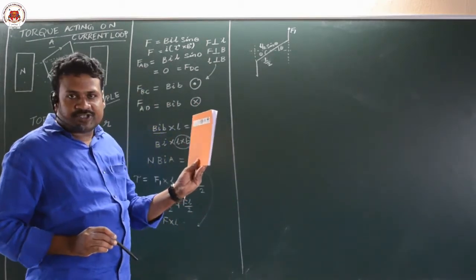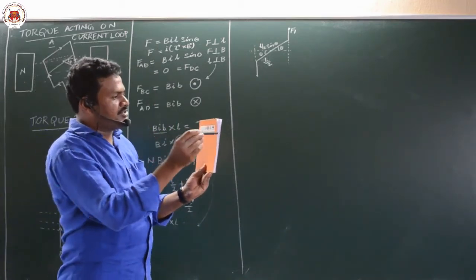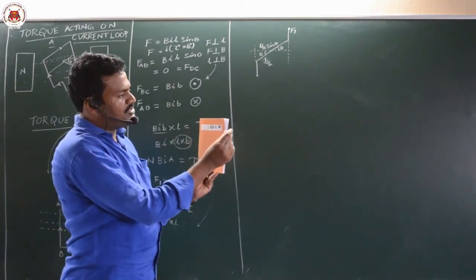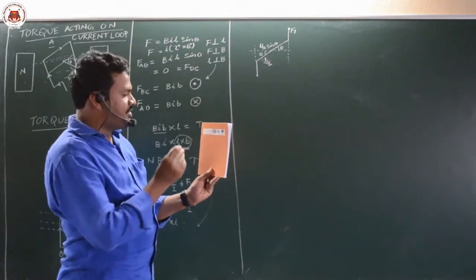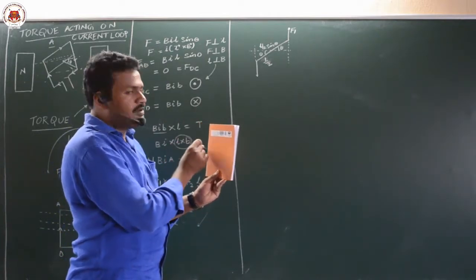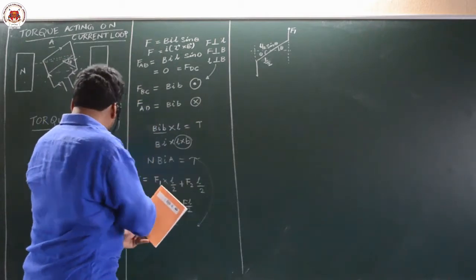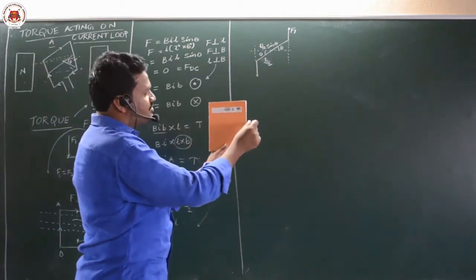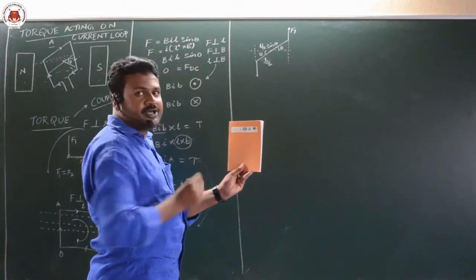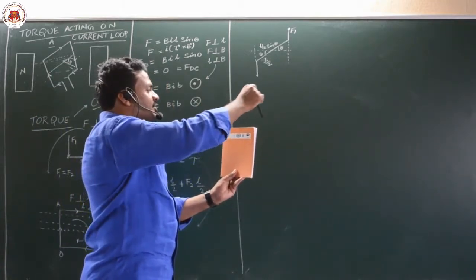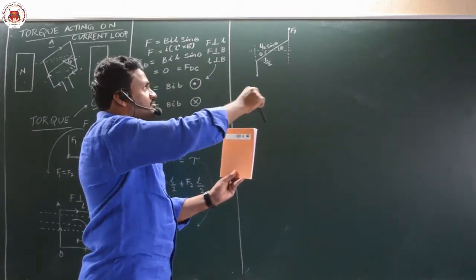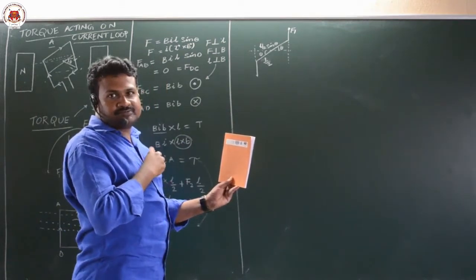Coil is present like this. Forces are acting. This is one force towards you. This is another force towards the board. ABCD if you take, one force is towards you, another force into the plane of the board. What we want is the perpendicular distance. This distance we want. That is the reason.